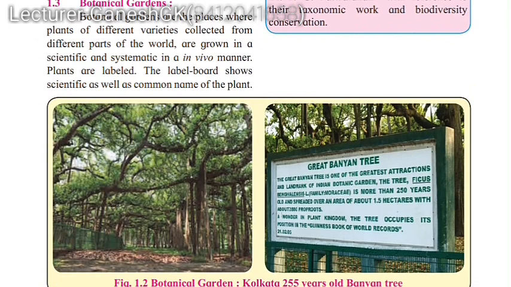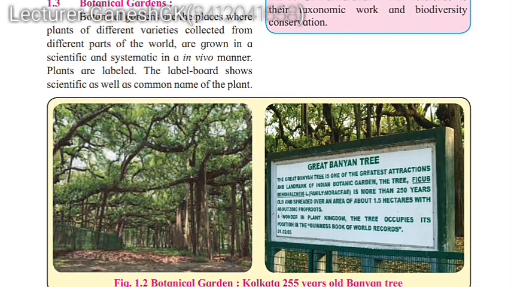So the botanical gardens are the places where a variety of plants are collected, grown and properly maintained. All this area is very much protected, so that there is no interference from local people. Visitors, students and other education-related persons can go to see the plants, but it is not allowed to cut the trees or harm the particular areas of the botanical gardens.